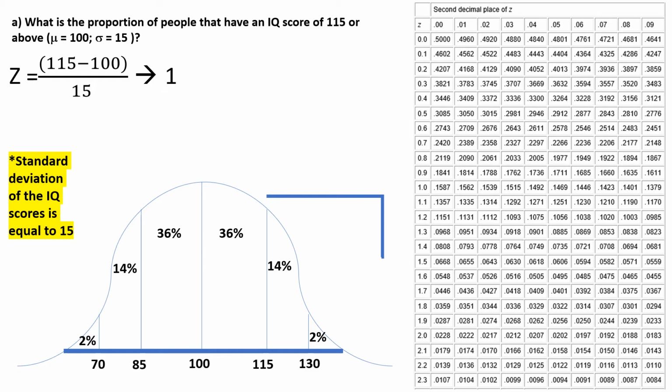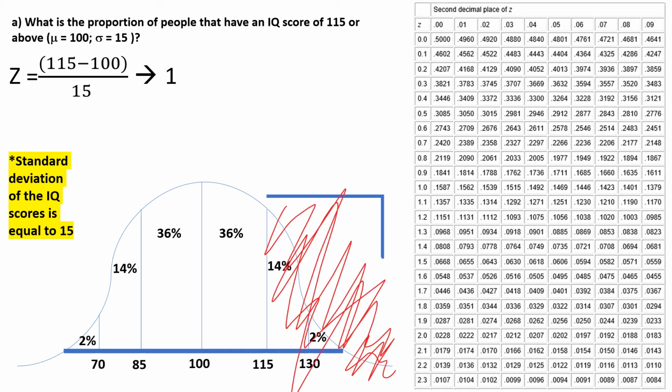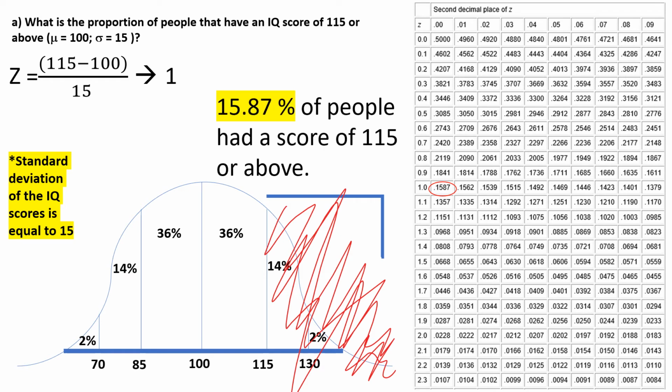Now we can't get exact numbers looking at that distribution, so we're going to go to our handy dandy z-table, and we are going to find the z-value that we calculated from step 1 on our z-chart. That's the proportion beyond z, meaning 15.87% of people had a score of 115 or above.